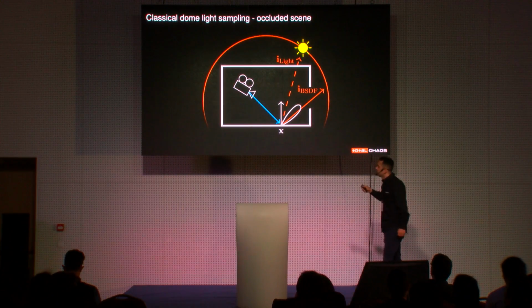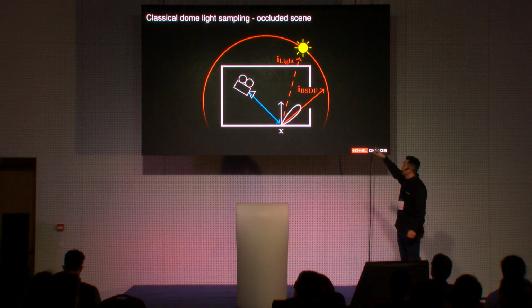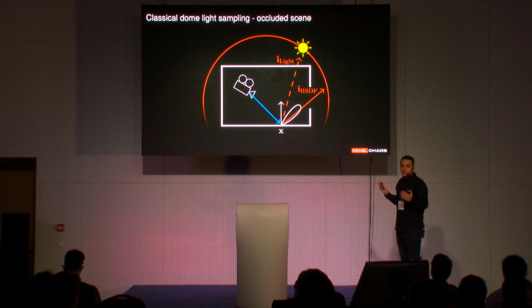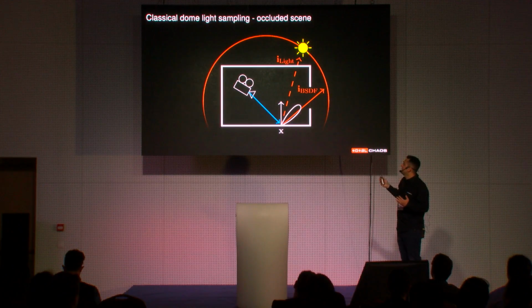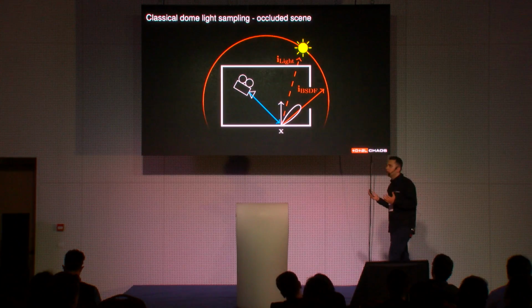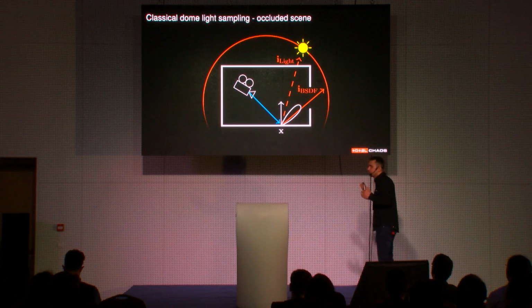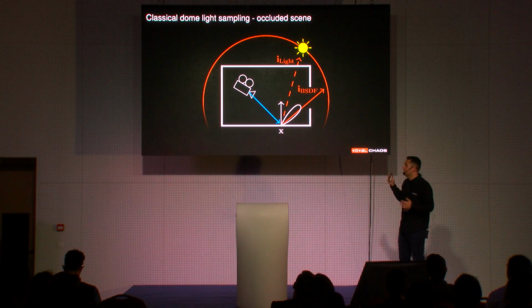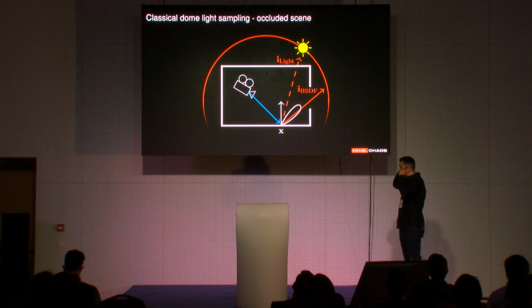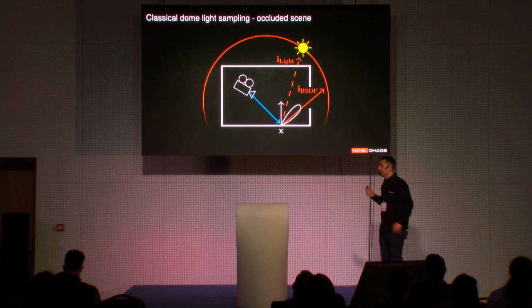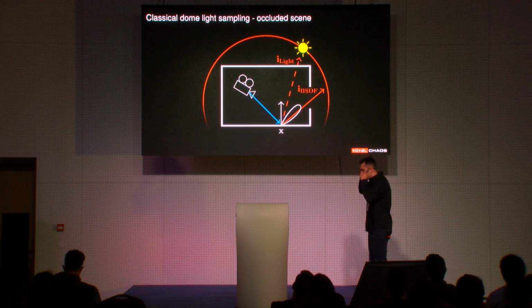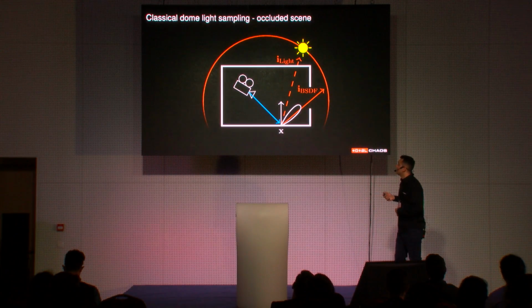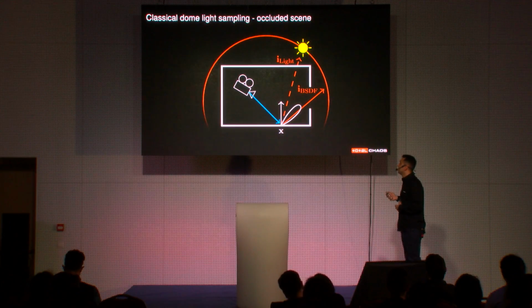And if we use the light strategy, it will direct a lot of rays to the sun, but unfortunately there is geometry occluding, and so light cannot come from this particular direction. And this actually happens quite a lot in practice. And we were looking for a way to solve it.